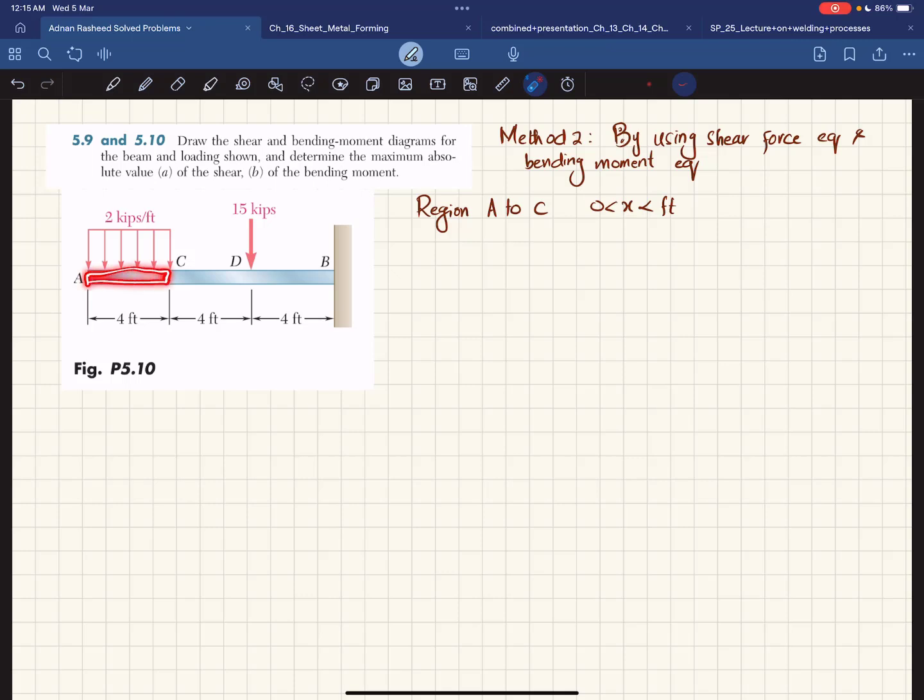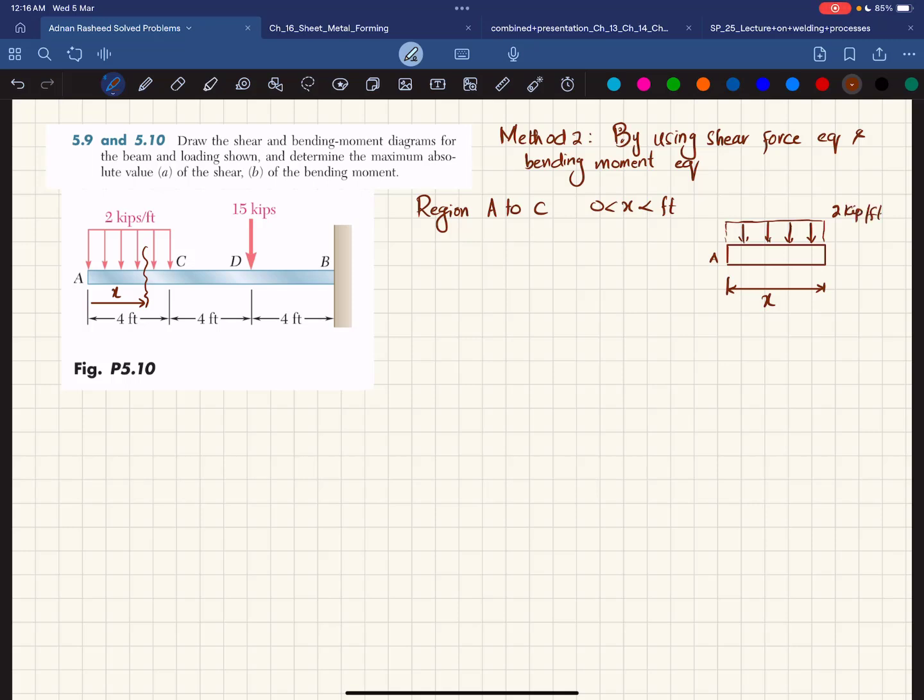So what we will do is cut this beam at a distance of x, where x is greater than 0 and less than 4 feet, and we will draw the shear free body diagram. So it will be like this. This is your point A. This is the distance where you have cut the beam. This distance is represented as x, clear, and there is a distributed load over a length of this x, and the magnitude of this distributed load is given by 2 kips per feet.